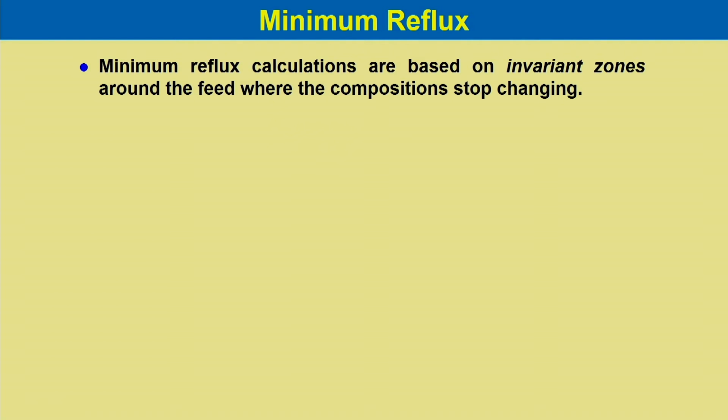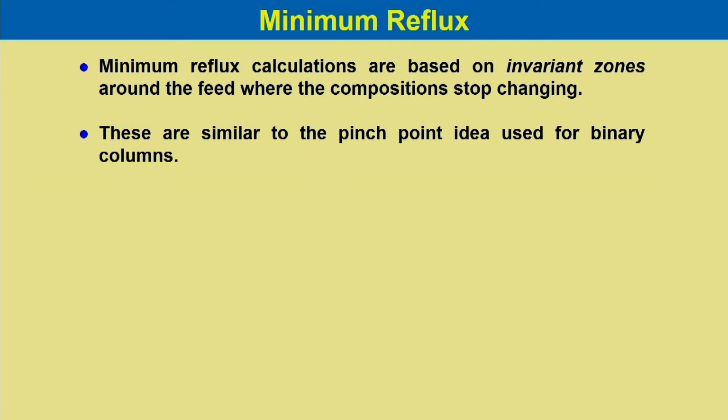Now, we will consider minimum reflux. Minimum reflux calculations are based on invariant zones around the feed where the composition stops changing. These are similar to the pinch point idea, which is used for binary distillation.